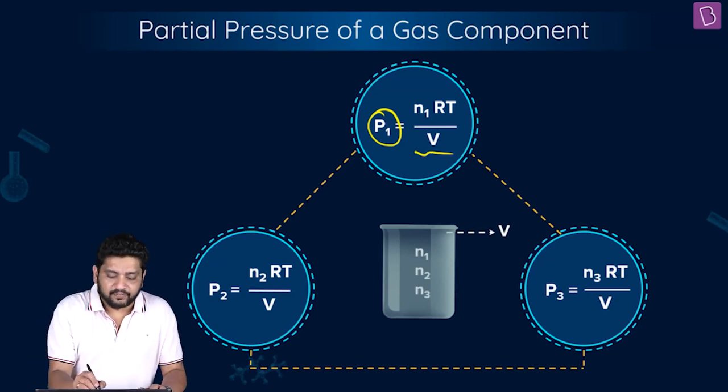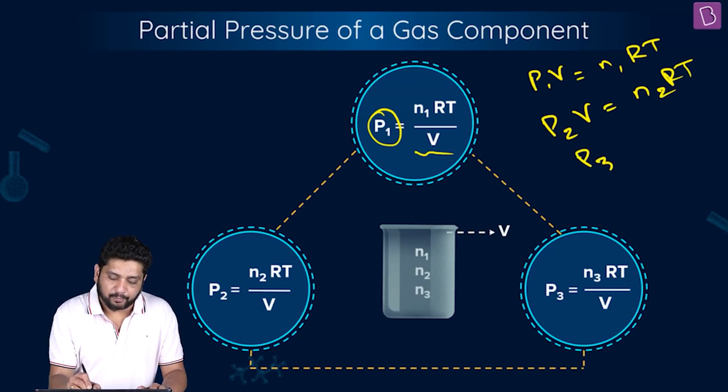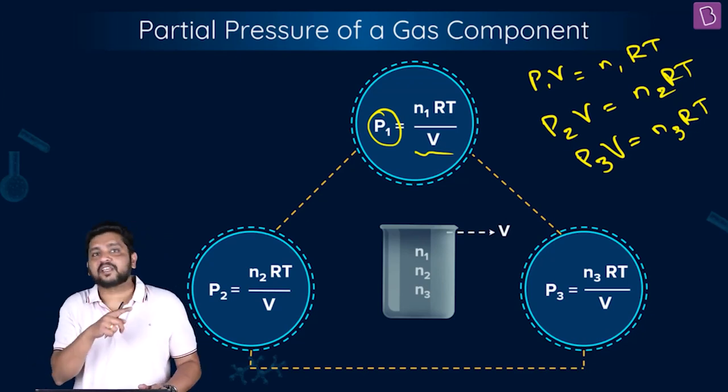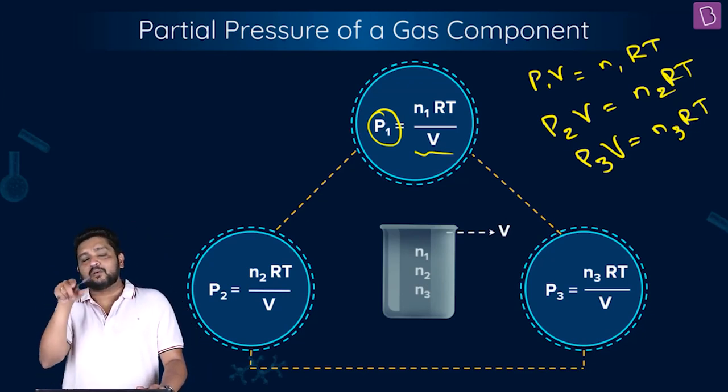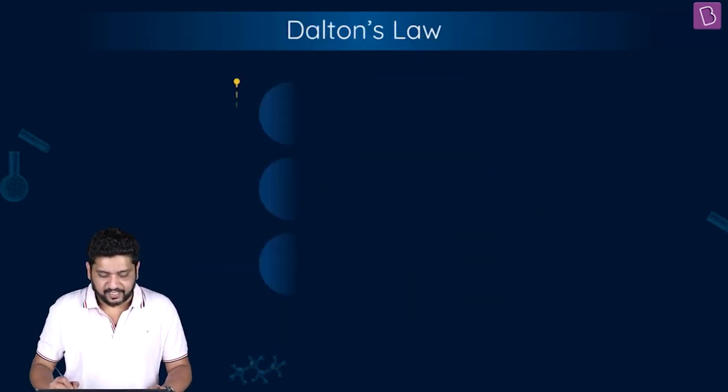So PV equals nRT basically is individually valid for each gas. This is what is written here in this statement indirectly. So P3V is equal to N3RT, right? So PV equals nRT is valid for the whole gas mixture. P1 plus P2 plus P3 is equal to N1 plus N2 plus N3 into RT, and also for the individual gases in a mixture, right?